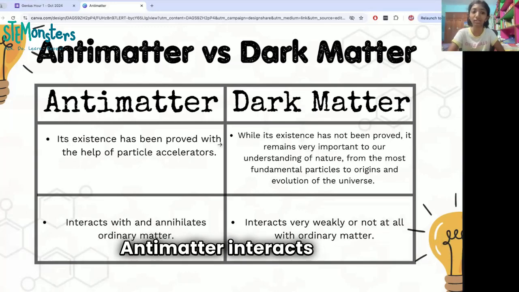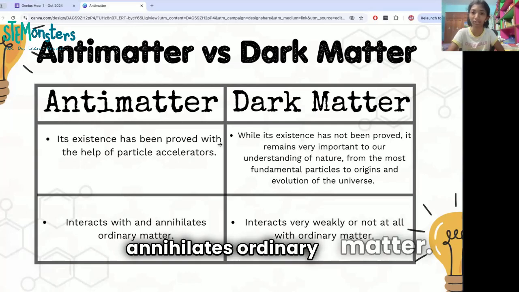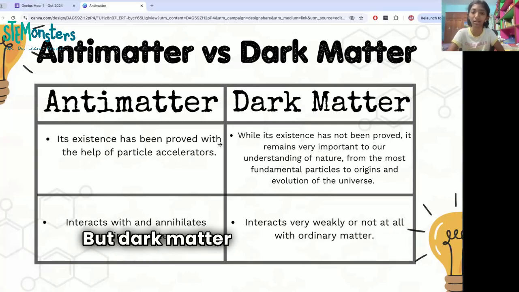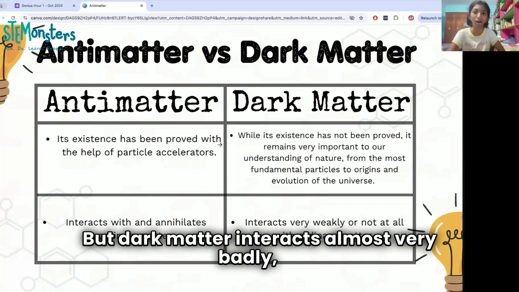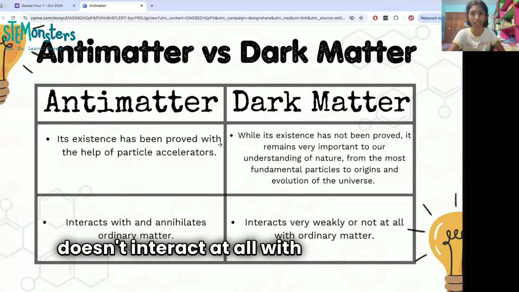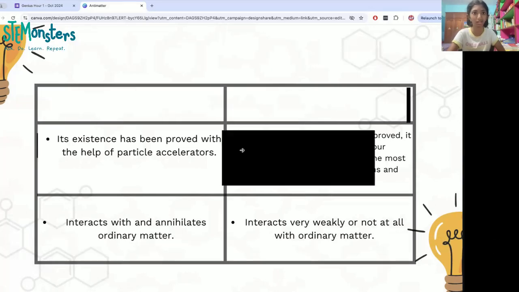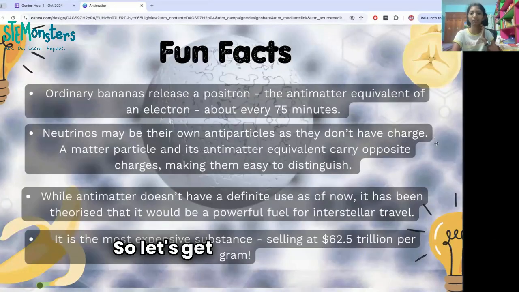Antimatter interacts with and annihilates ordinary matter, but dark matter barely interacts or doesn't interact at all with ordinary matter. So let's get some facts straight.